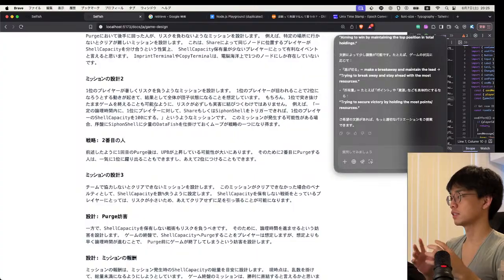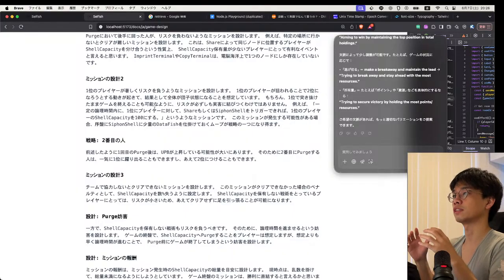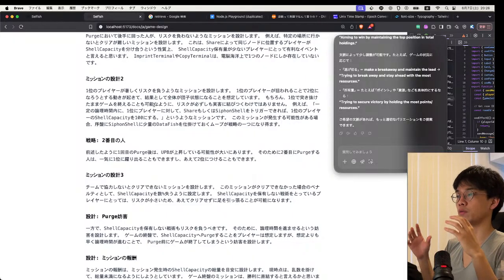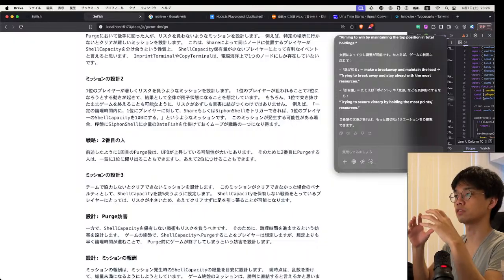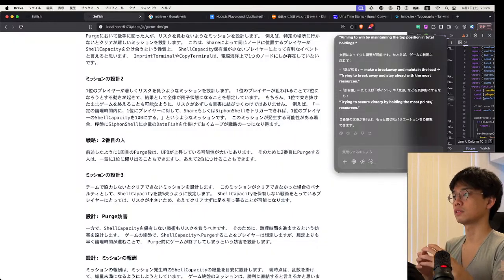By this design, the player might aim to be second ranked, because the top ranked player is likely to have a lot of huge risk. As a result, I want to create a situation where all of the players are close to each other, because they don't want to be top ranked.